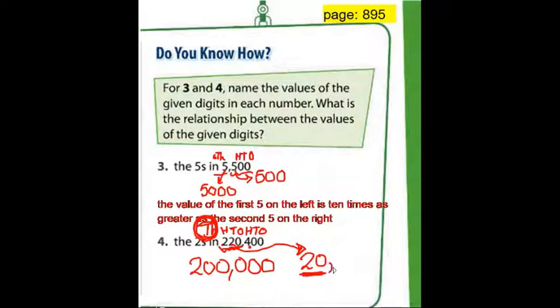So 1,000 means how many zeros? 3 zeros. Okay, very good. So these are the values of the 2s here. But what about the relationship between the 2s here? Look at here. The value of the first 2 on the left is 10 times as great as the second 2 on the right.